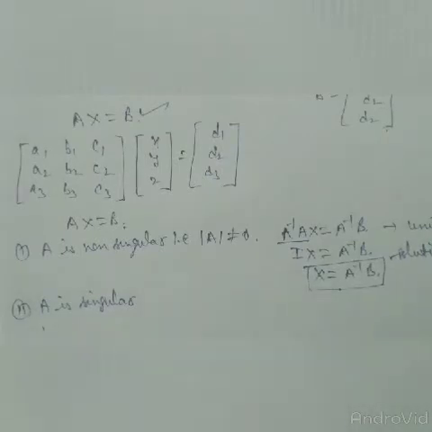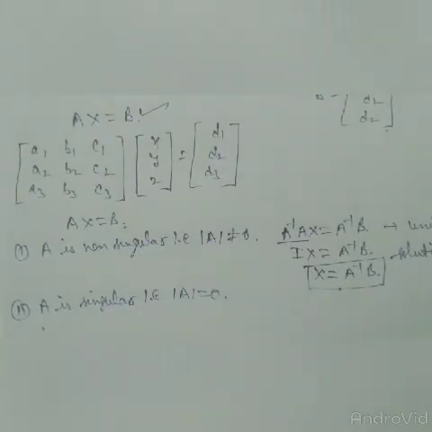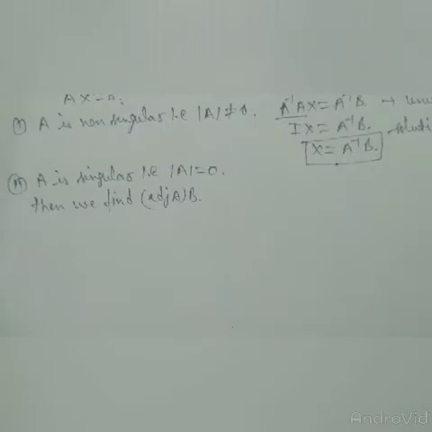Second one is if A is singular, means determinant of A equals 0. Then we find adjoint of A into B. For adjoint of A into B, we have two cases.